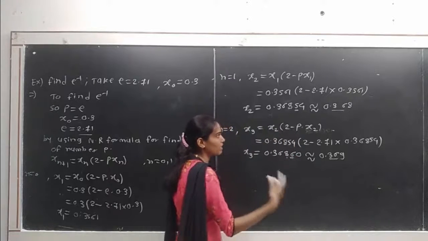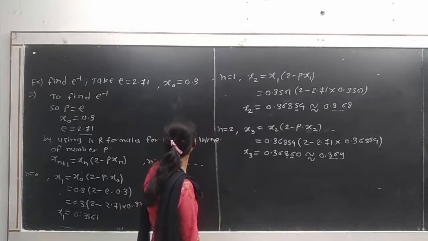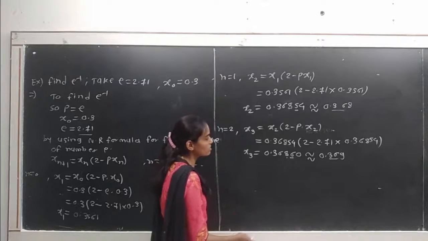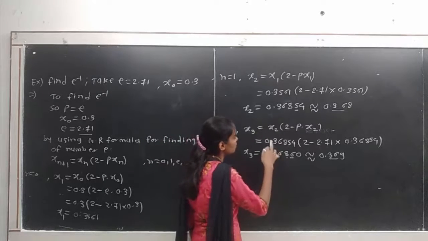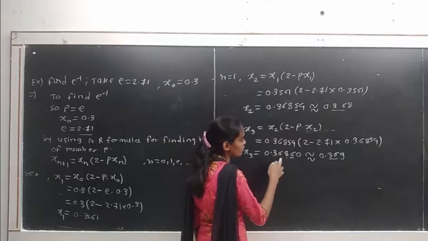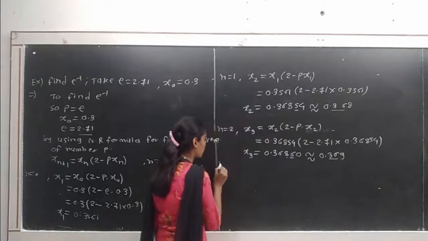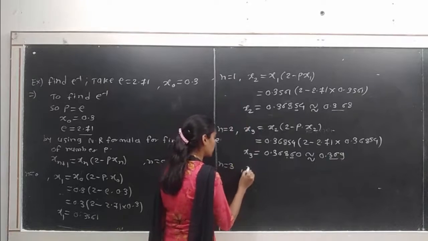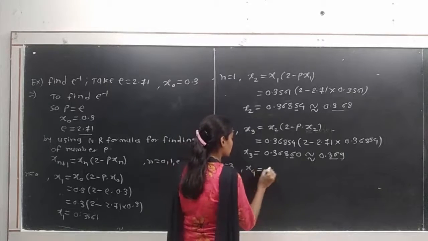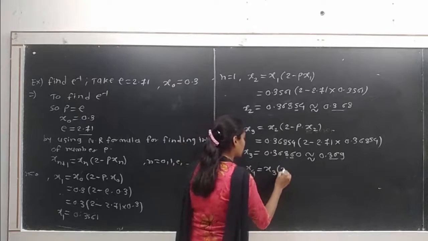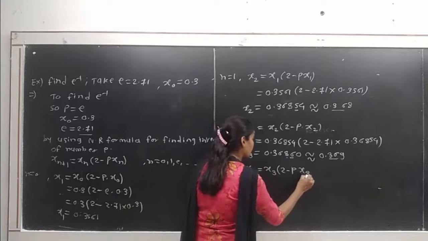Then if we observe, these two approximations are correct up to 2 decimal places. Therefore we find the next approximation, because we have to consider successive approximations that are correct up to 3 decimal places. So for n is equal to 3, we get the next approximation, that is x4 is equal to x3 in bracket 2 minus p x3.